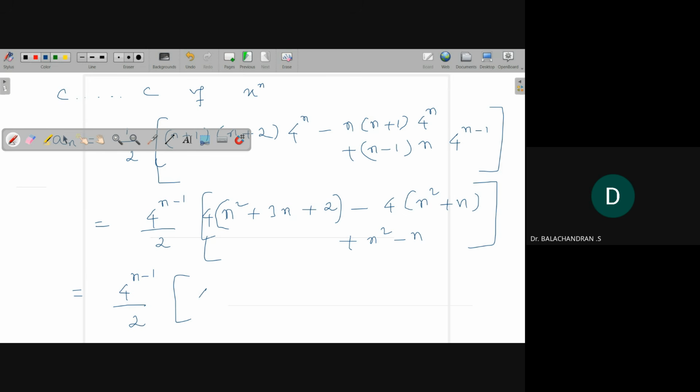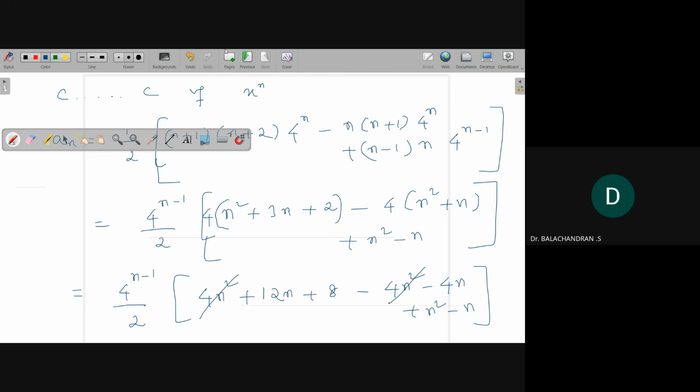So write 4n square plus 12n plus 8 minus 4n square minus 4n plus n square minus n. So these two get cancelled.